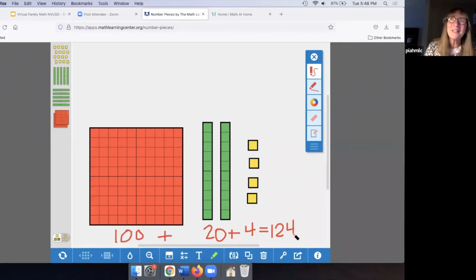I was in a second grade class today, and maybe this is something your own child does, but they wrote 100 and then 24. So it was a good opportunity for us to talk about expanded notation, what our conventions are when we're reading and writing numbers, right? So maybe that's an activity that you would enjoy doing with your child at home.